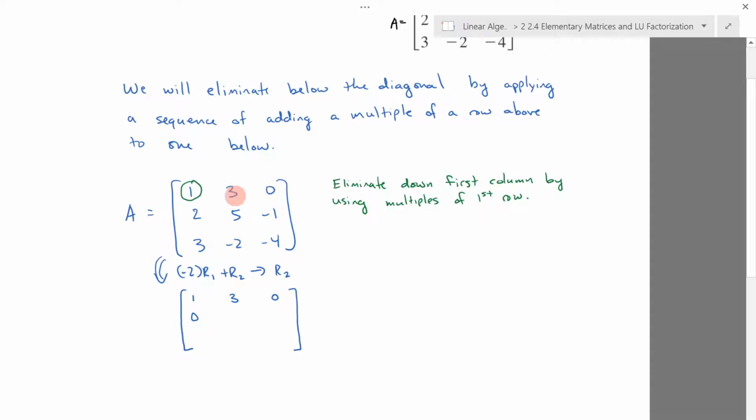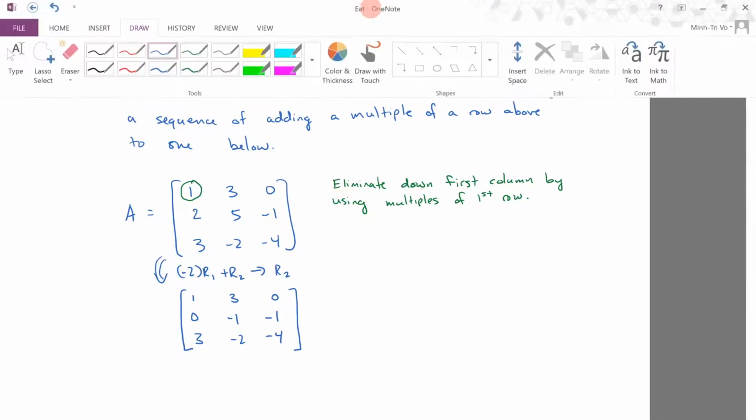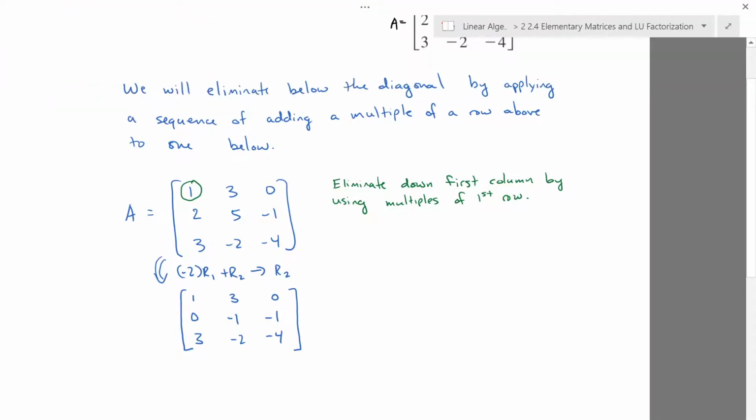And -2 times this will give me -6. -6 plus 5 is -1. And then -2 times this is 0. 0 plus a -1 is -1. And then the third row stays the same. That's the first row operation.